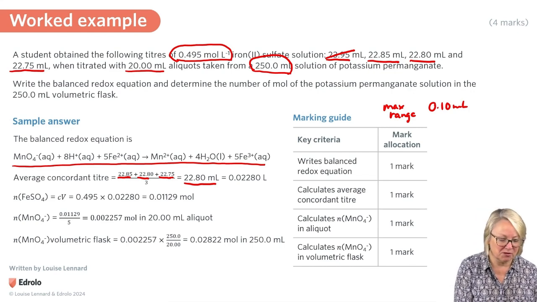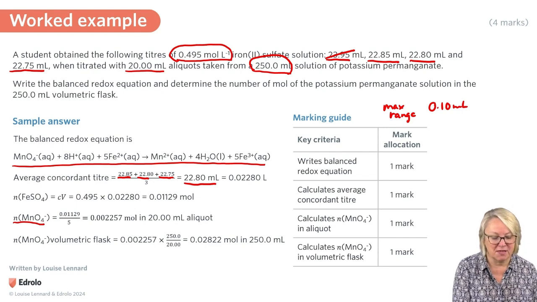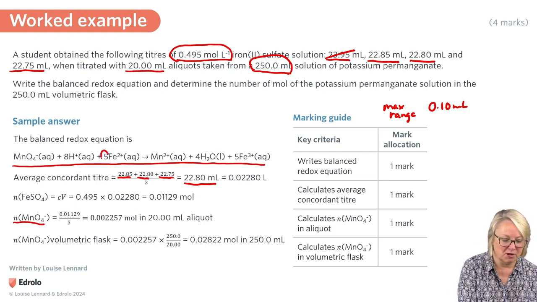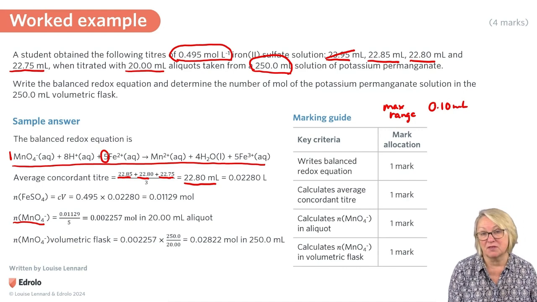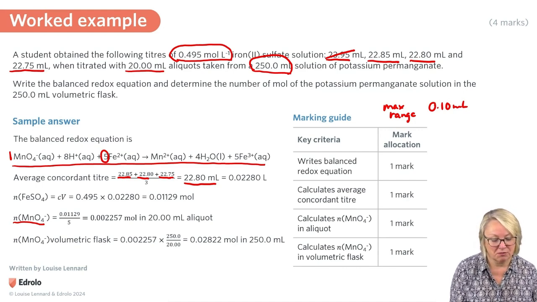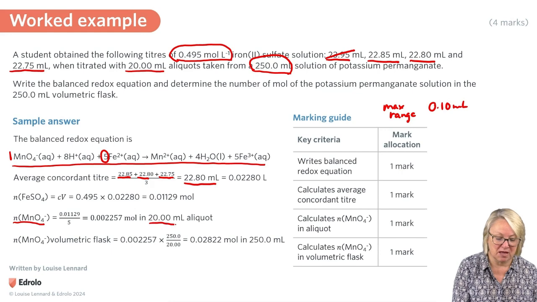The number of mole of the permanganate ion, though, is 1/5 of the number of mole of the iron 2 ions. So that's a coefficient of 1, and the iron is coefficient of 5, the iron 2 ions. So we divide our number of mole by 5, and that's the number of mole in our 20 ml aliquot.